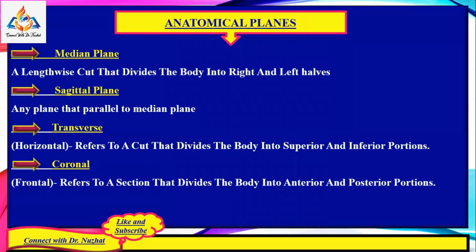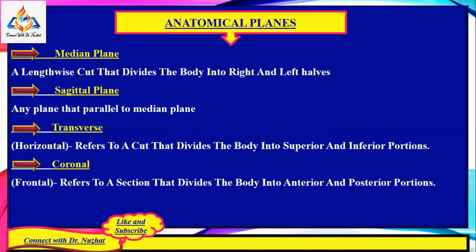Next is the anatomical plane. So what is the purpose of anatomical planes? The planes can then be used to identify and locate the positions of the patient's internal organs. Individual organs can also be divided by planes to help identify smaller structures within the organ.